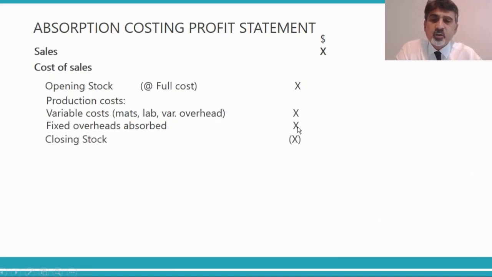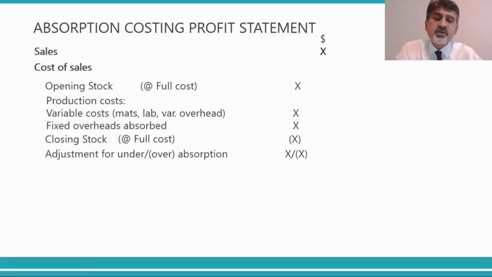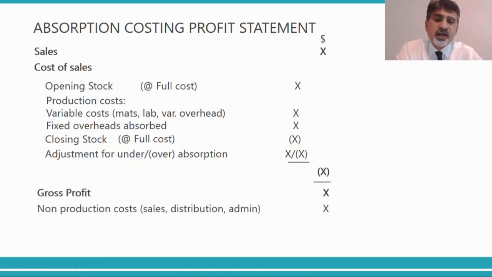Then you subtract closing stock, and then you do an adjustment for under or over absorption. If you remember in the last chapter when we were doing absorption costing, we learned what is under absorption and over absorption. So you add or subtract under or over absorption, and what you get is called your gross profit. After gross profit, you subtract your non-production costs and you get your pure profit, which is called net profit.